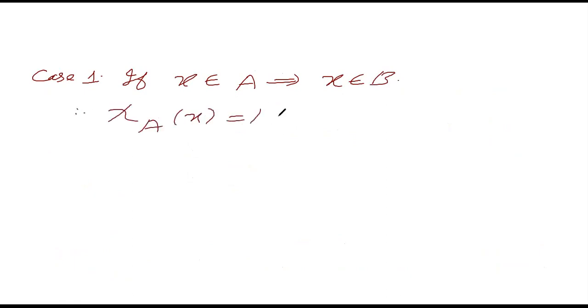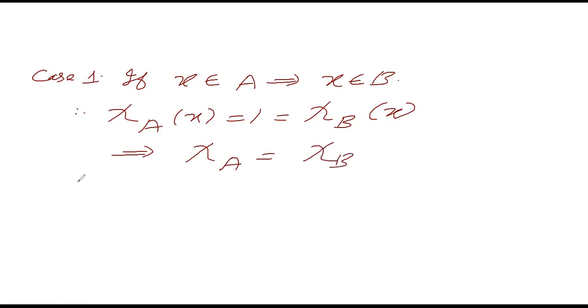Case 1: if x belongs to A, but A is a subset of B, this implies x is also in the set B. Therefore chi A of x is equal to 1 because x is in A, and it's also equal to chi B of x because x is also in B. So that means chi A is equal to chi B in this case. Case second.